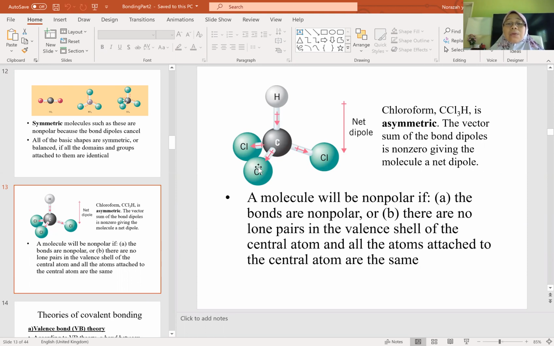You can see chlorine is highly electronegative, and carbon has higher electronegativity compared to hydrogen. So you can see it is not cancelling each other, and therefore it has a dipole moment, and the molecule is polar.